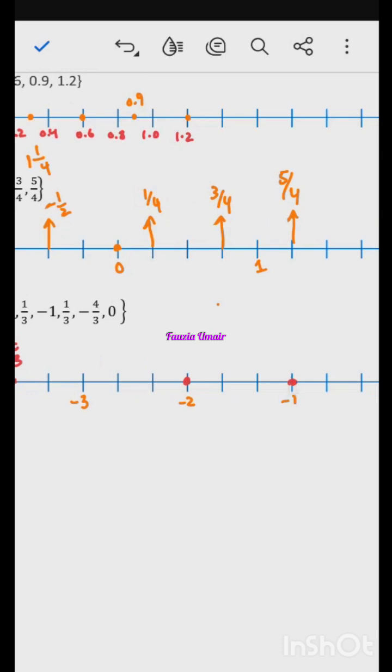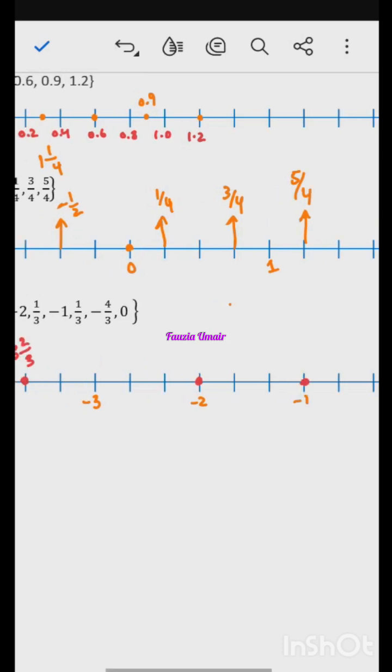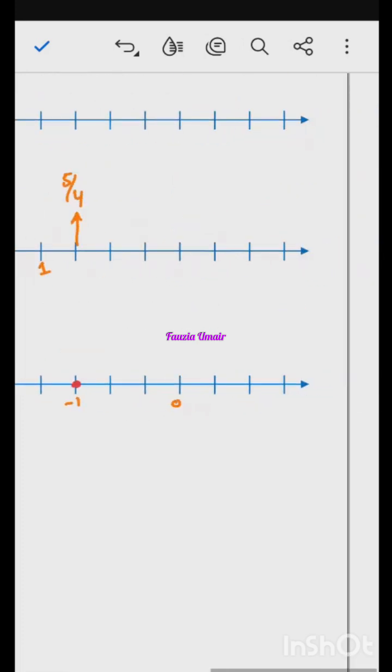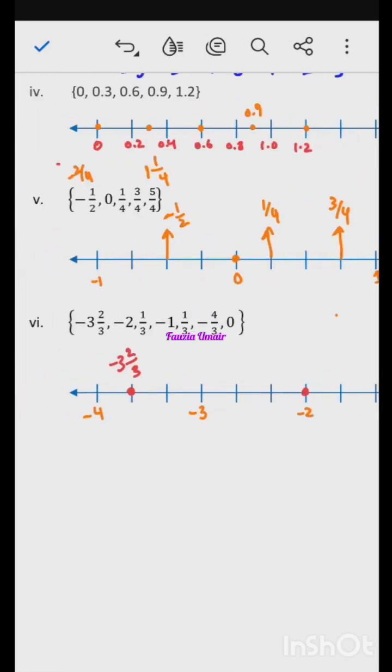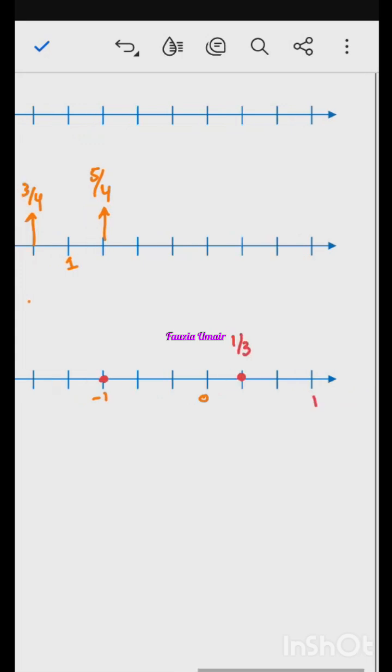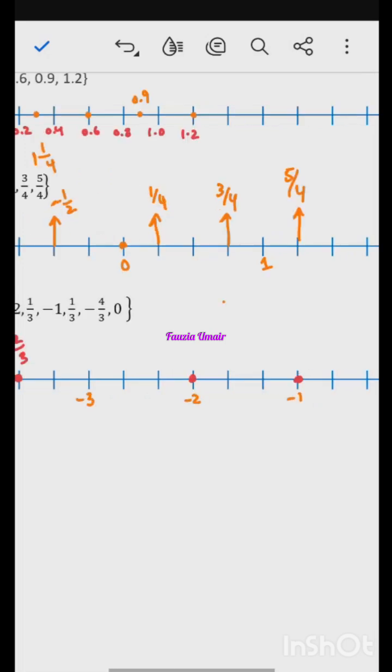Okay. So now next is 1 by 3. So 1 by 3 would be between 0 and 1. So I can extend this number line. This is 1. This is 1 by 3. Right? So I hope you can understand this. Next is minus 4 by 3.